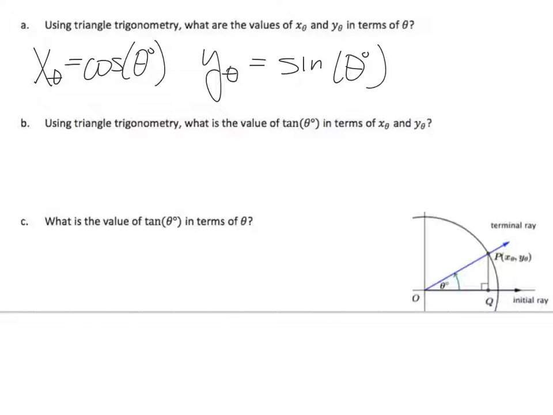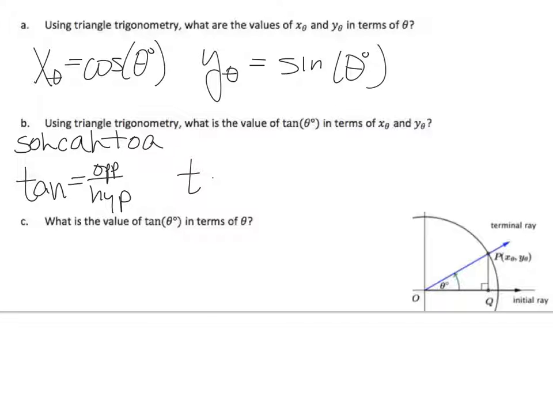By using triangle trigonometry, what is the value of tangent theta in terms of x and y? Well, tangent, let's rewind a little bit. If you remember, sine is opposite over hypotenuse, cosine is adjacent over hypotenuse, tangent is opposite over adjacent, so SOH CAH TOA.